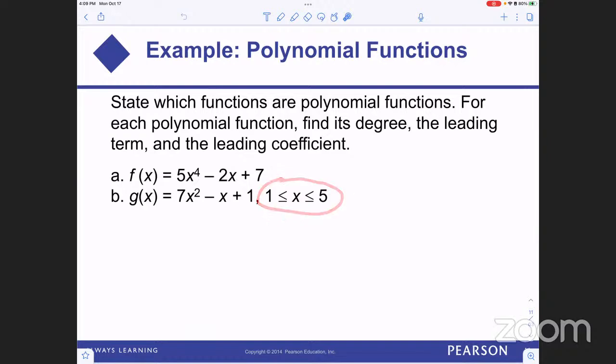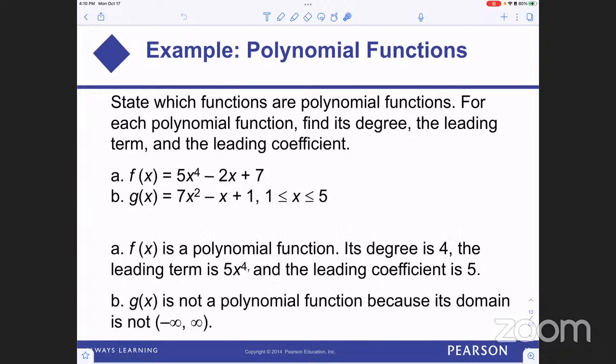This domain is restricted from 1 to 5, right? Because the domain is not all reals, that's the only reason that's not a polynomial. If this restriction were not there, I would agree and say yes, it is a polynomial. But because of this restriction on the domain, it can't be the graph. Okay, that was good. So here's a typed up version of what we just discussed.